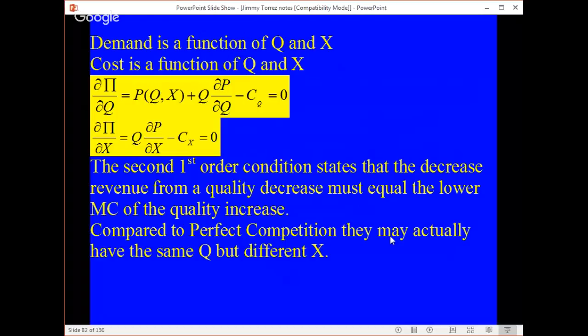So this is the first part, which is total revenue, of course. I subtract off the marginal cost with respect to quantity, where C of Q is the partial of C with respect to Q.